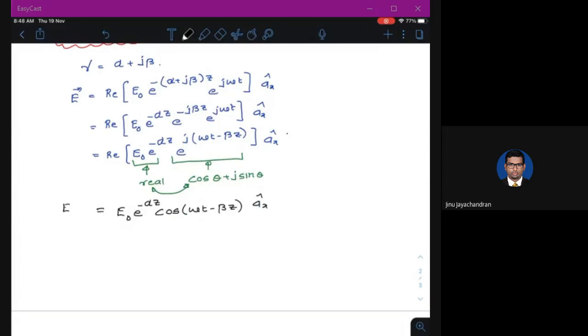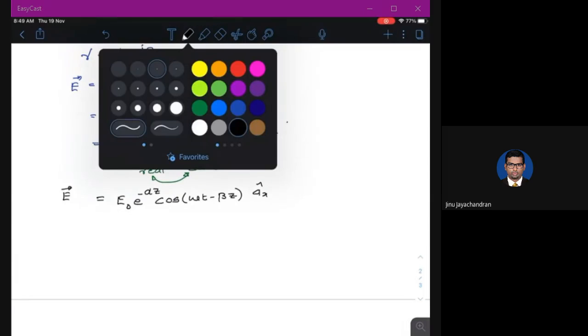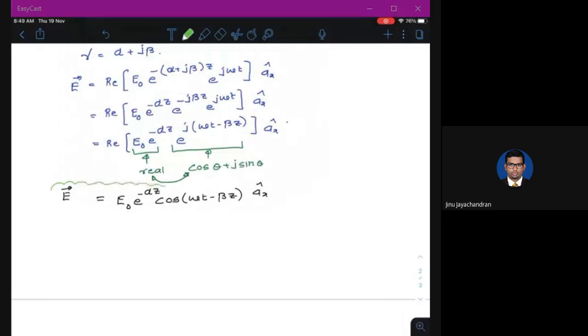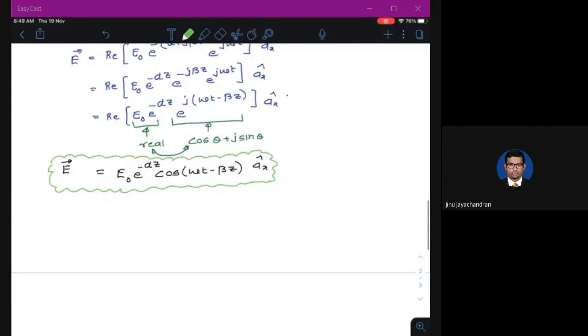And this is the expression of the electric field component of the electromagnetic wave. And you see that the variation of electric field is sinusoidal, means it is some kind of a cosine wave.